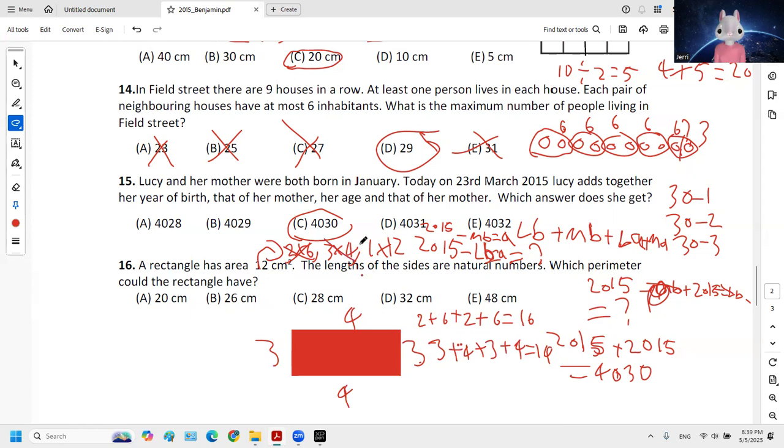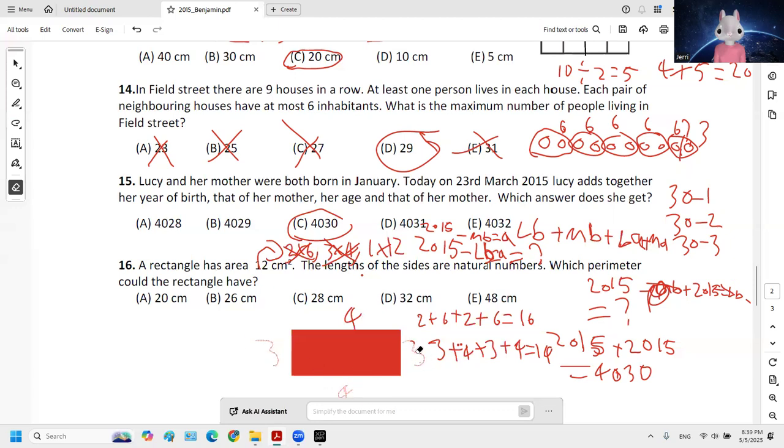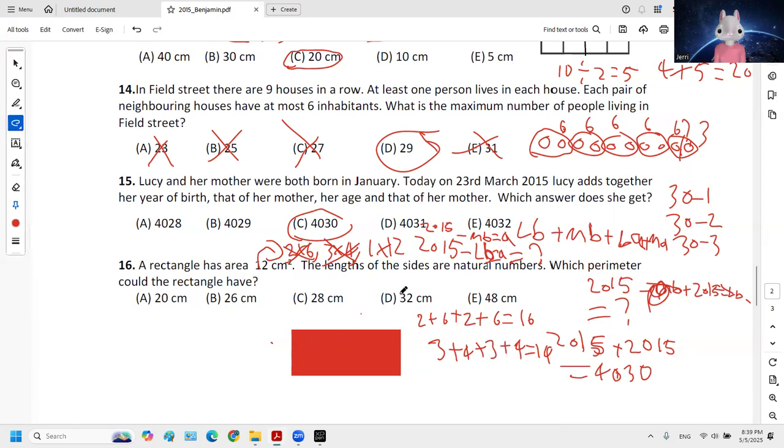No answer, too small. No. And now we're going to try 1 times 12. 1, 12, 1, 12. It would be 12 plus 12 plus 1 plus 1. It equals 26. So B is the answer.